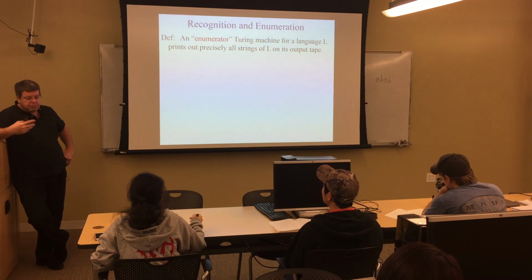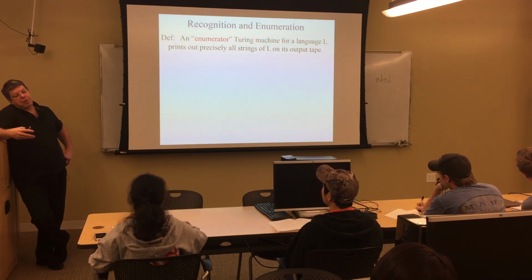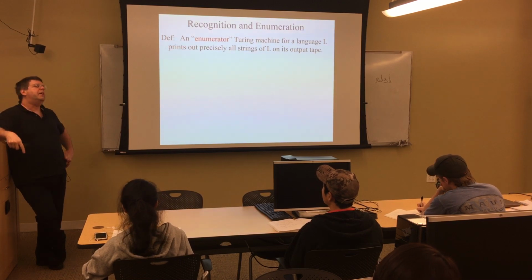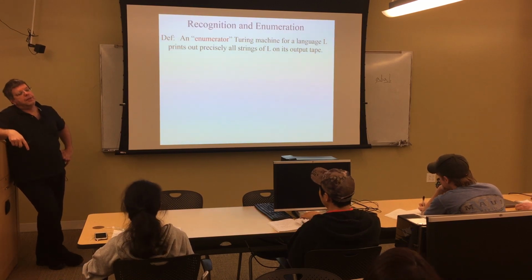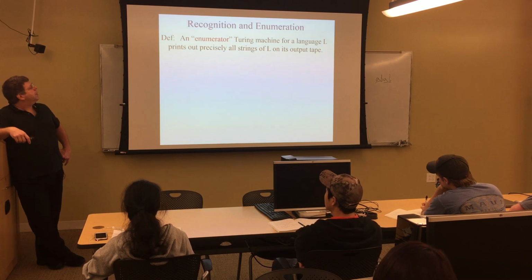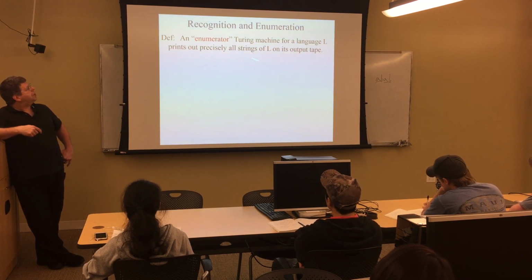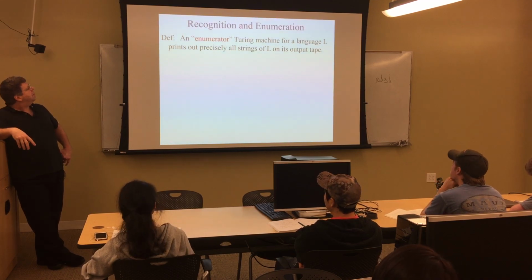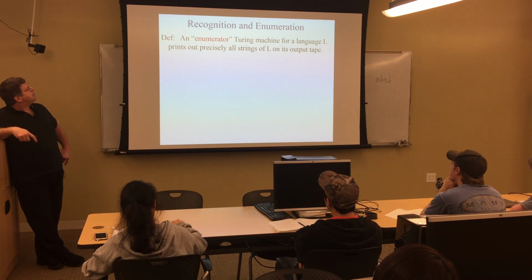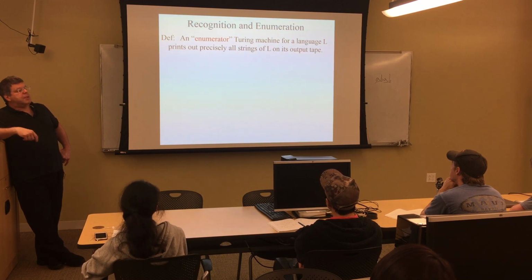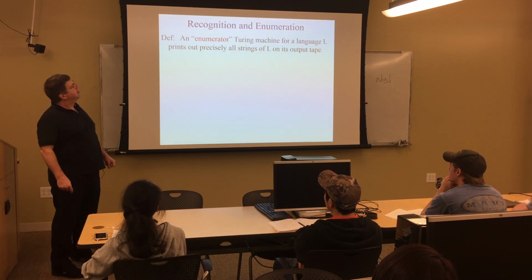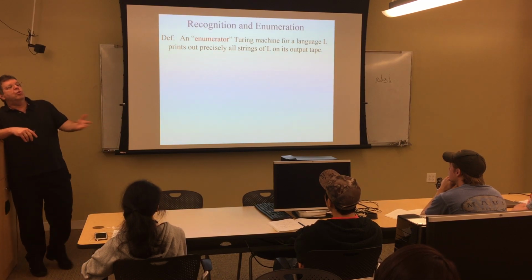In fact, it's easy to print them in order: 2, 3, 5, 7, 11, 13, 17, 19, 23, and so on. So you can easily have a machine that enumerates certain languages like primes, perfect squares, Fibonacci numbers, whatever. When a language has this property, there's a Turing machine or a program for it that does this, and that language has an enumerator.